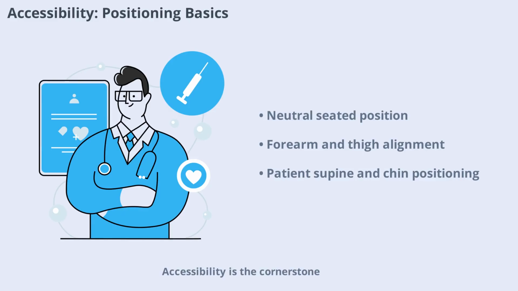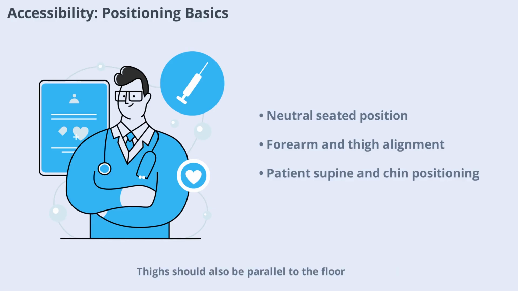Accessibility is the cornerstone of effective periodontal instrumentation. Proper positioning of both the clinician and the patient ensures that procedures can be performed comfortably and accurately. The clinician should adopt a neutral seated position, with forearms parallel to the floor and weight evenly balanced.